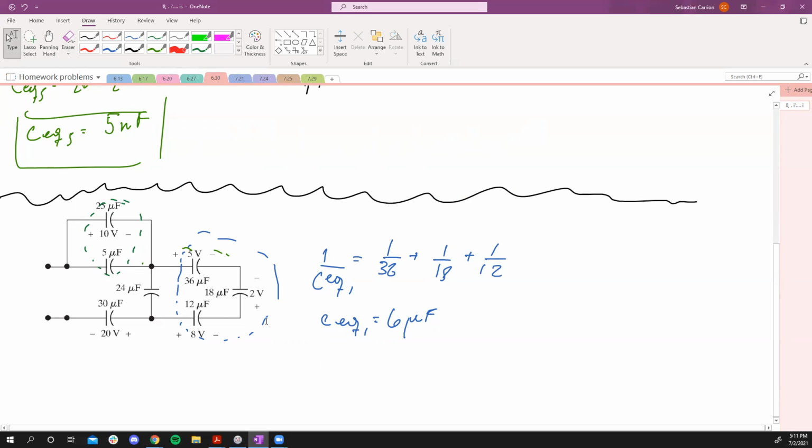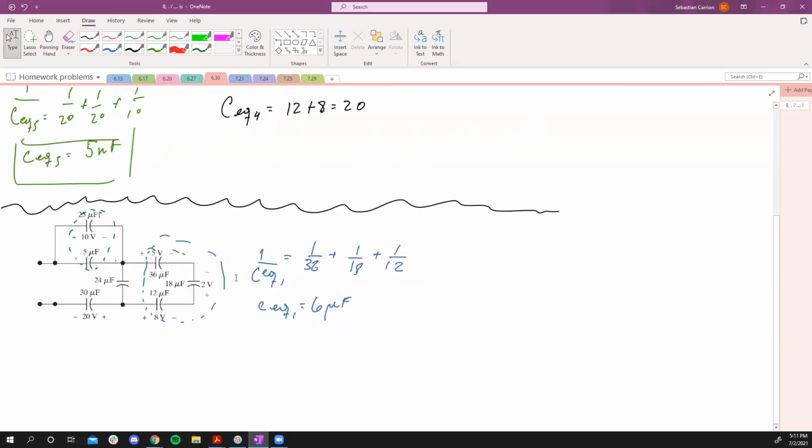So C equivalent 2 is 25 plus 5 microfarad, 30 microfarad. So then I'm just going to draw an equivalent circuit here. 30 microfarad. 24 microfarad.